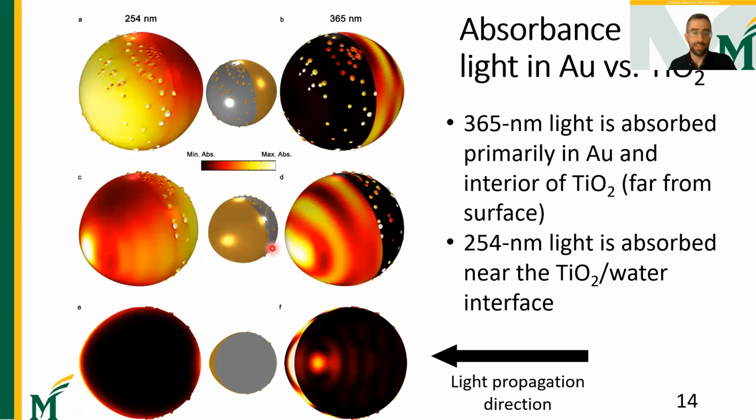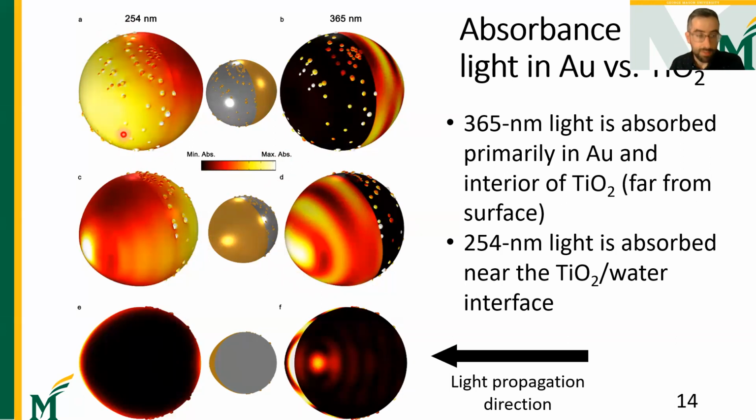Finally, we looked at the absorbance within the interior of the particle. And again, the main takeaway here is that in the 254 nanometer case, more light is absorbed near the TiO2-water interface, okay? And conversely, in the 365 case, most of the light at the surface is absorbed by the gold islands, okay?